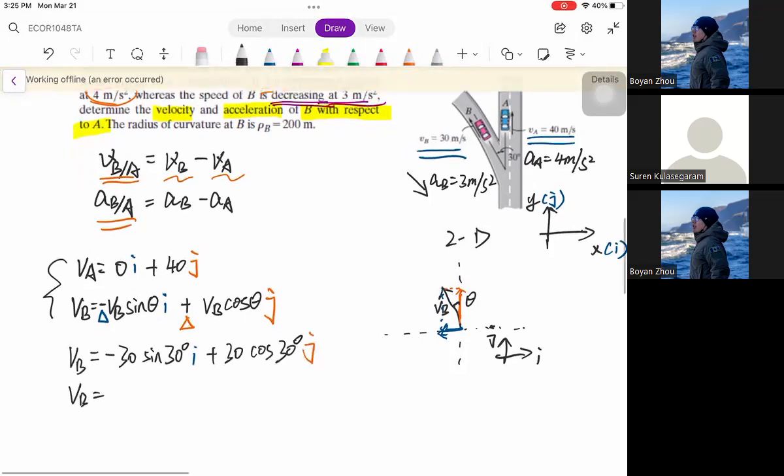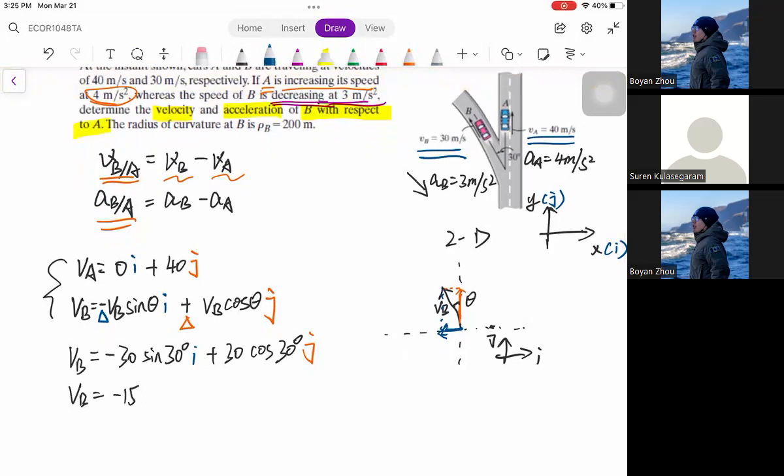So VB is equal to negative 15 in I direction plus 15 square root of 3 in J direction.